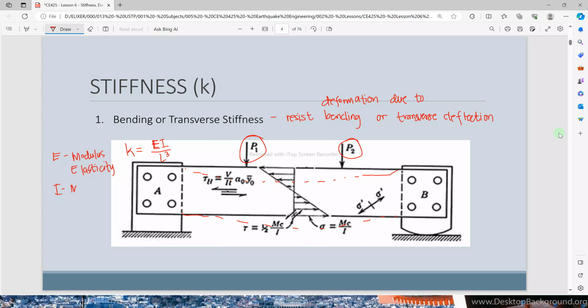Our I is the moment of inertia. And the L is the length of the object. So, remember this general formula.